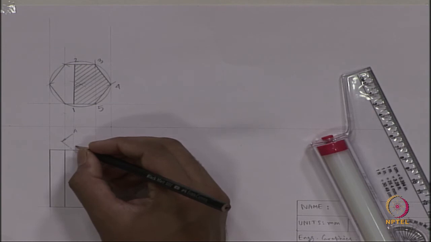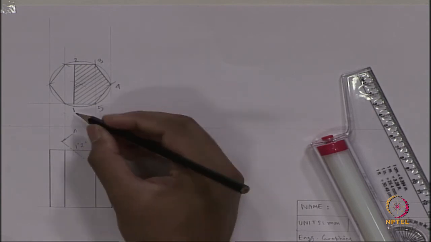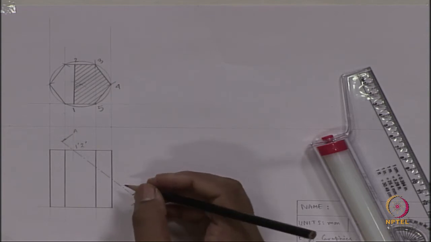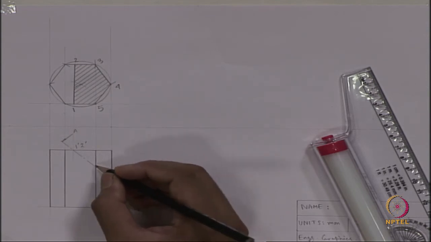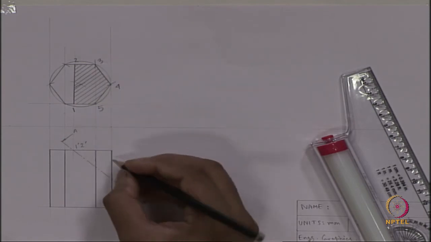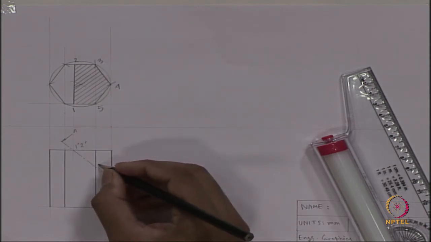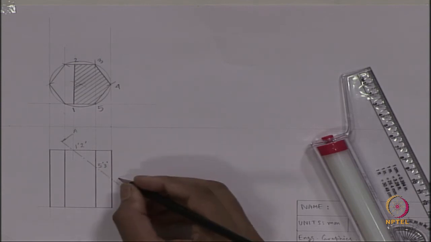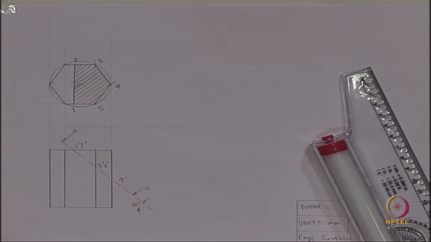So, this will be 1 prime, 2 prime, because if we look from this direction in the front view, 1 will come first, 2 will come second, and this point corresponds to 5 and 3. This will be 5 prime, 3 prime and this will be 4 prime.